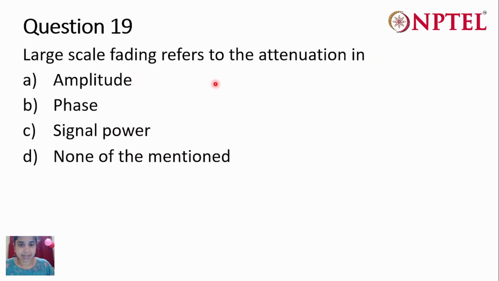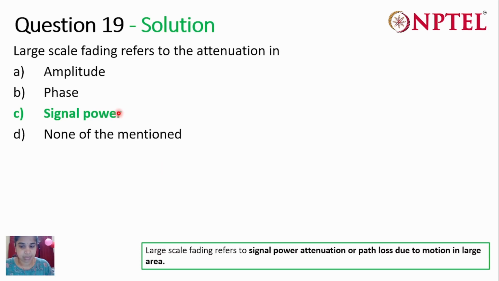Large scale fading refers to attenuation in dash. Signal power. Yes. Large scale fading refers to the attenuation in signal power, or directly the path loss due to the distance traveled.